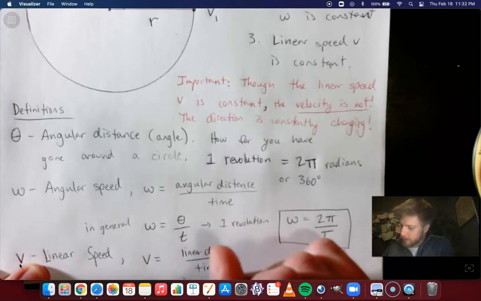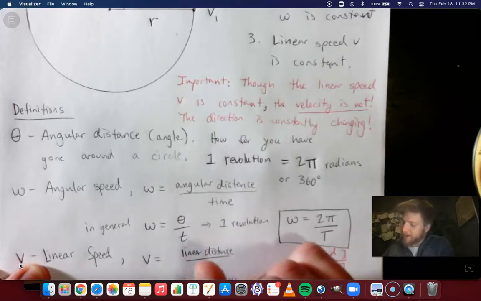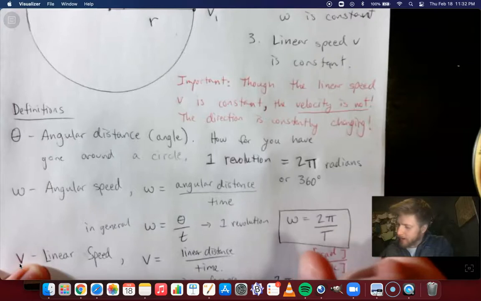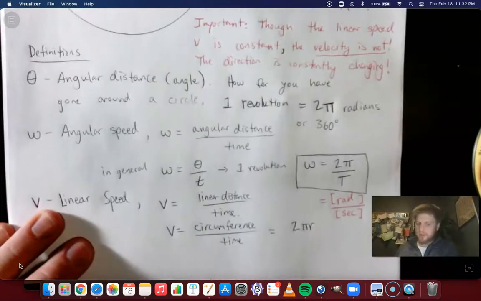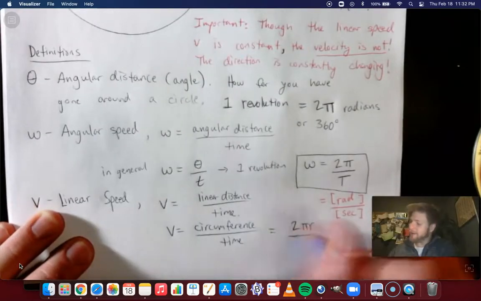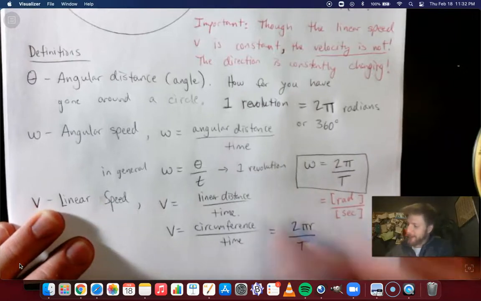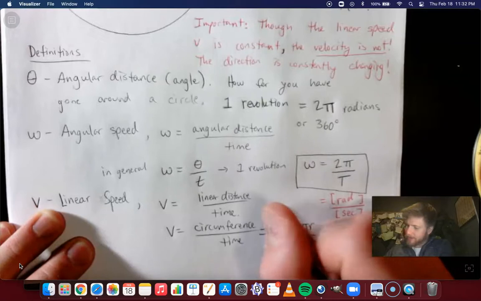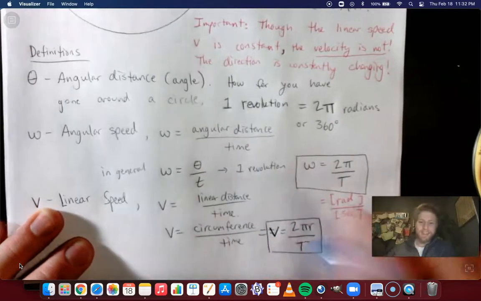Let's see if I can spell that correctly. I think that's right. Over the total time for 1 period. So that ends up being 2 pi r over capital T. So that is equal to v, the linear speed.